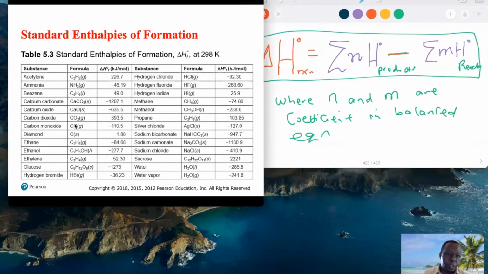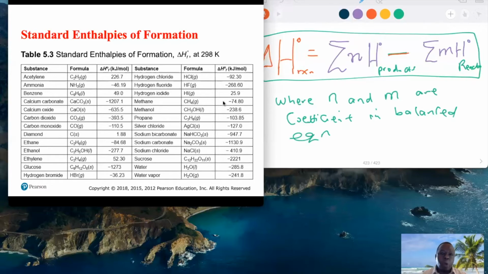There is solid CO2 and there is gaseous CO2. For gaseous CO2, we have the enthalpy of formation for that. For liquid H2O, this is the enthalpy of formation. If you don't pay attention, somebody might use the enthalpy of formation of gaseous H2O. It will mess up your calculation.